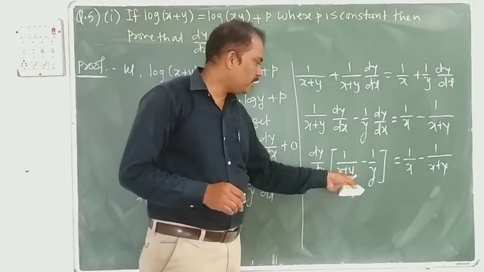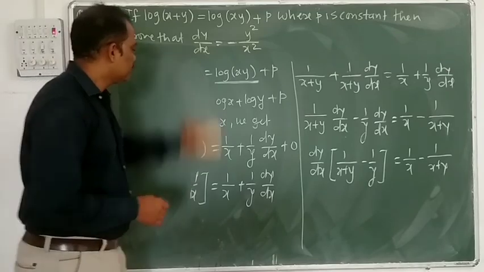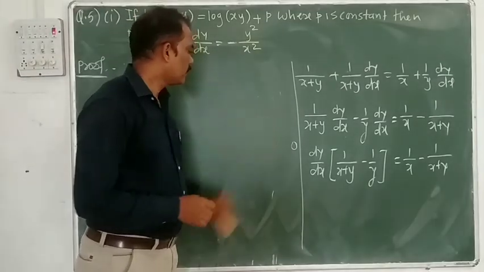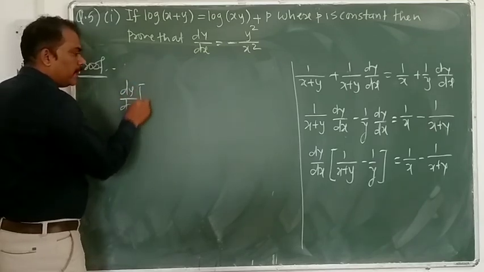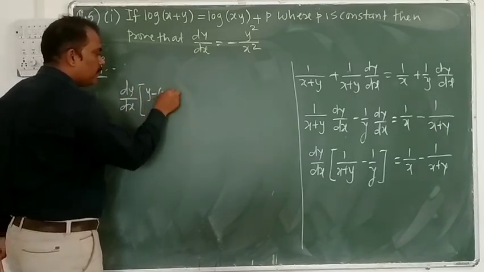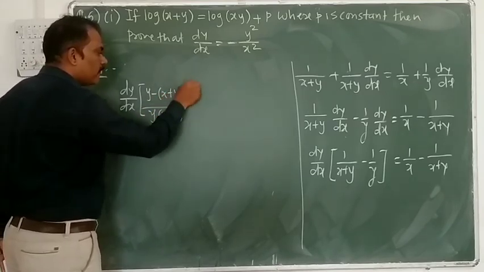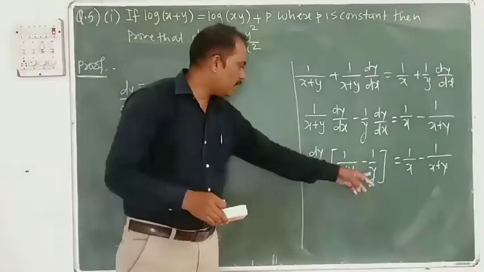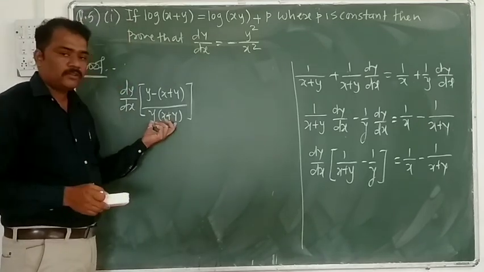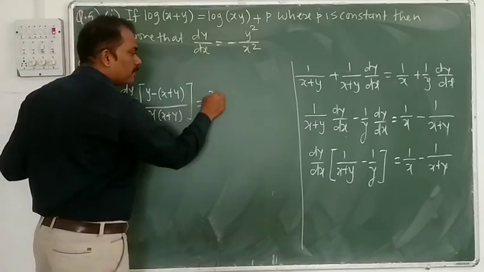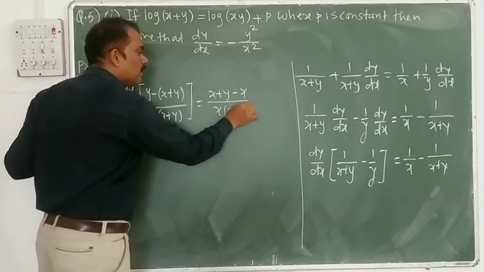First of all we make the denominators equal on both sides, so we can write dy by dx into bracket y minus x plus y divided by y into bracket x plus y. By cross multiplication, we multiply y on this side and x plus y on this side, divided by the product of the denominators, is equal to x plus y minus x divided by x into x plus y.